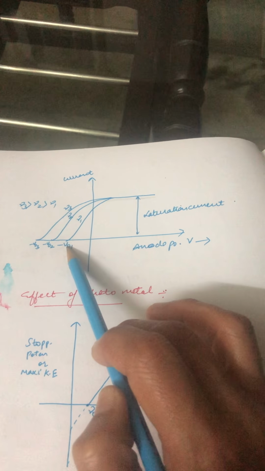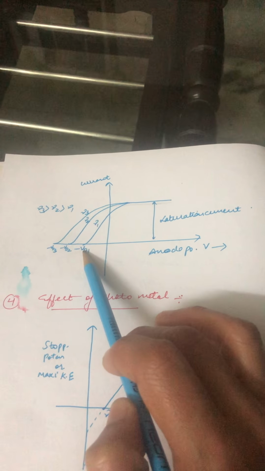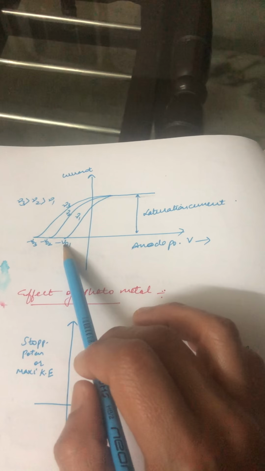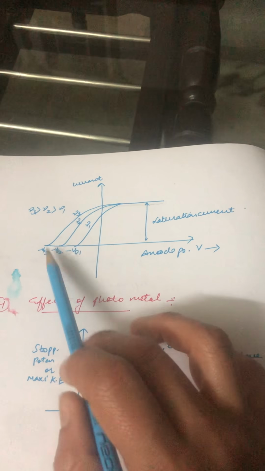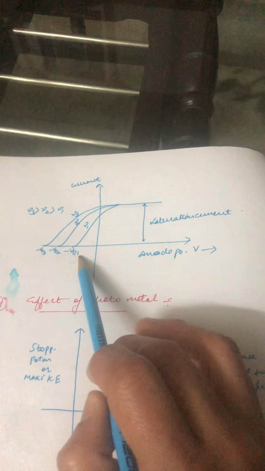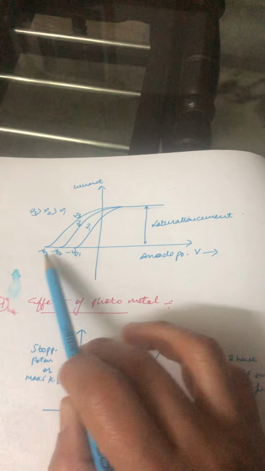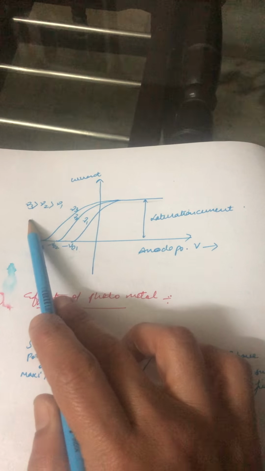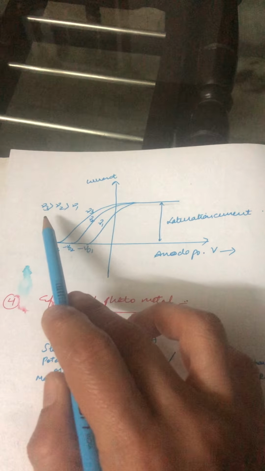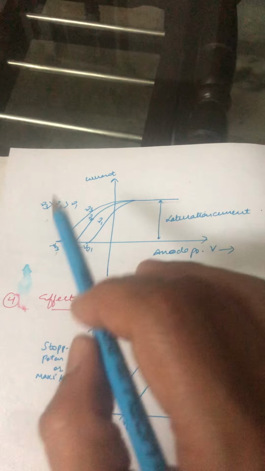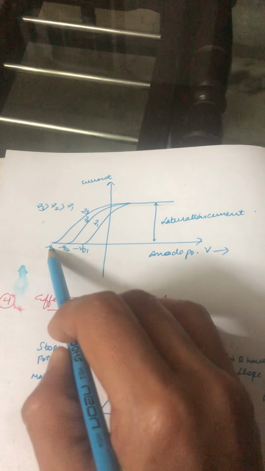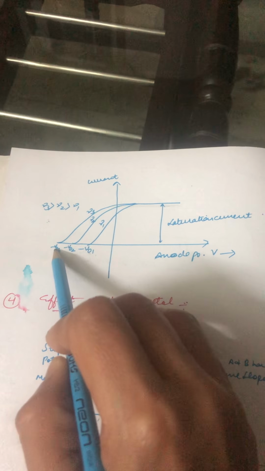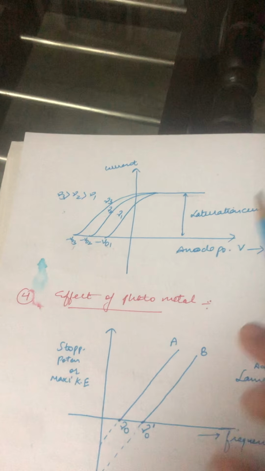Current only depends upon intensity, not on the frequency. But if frequencies are different, then stopping potentials will also be different. The more the frequency, the more the energy content in the electron, the more difficult it is to make them stop, so the more work has to be done by the stopping potential. So from this graph, this thing is also clear.